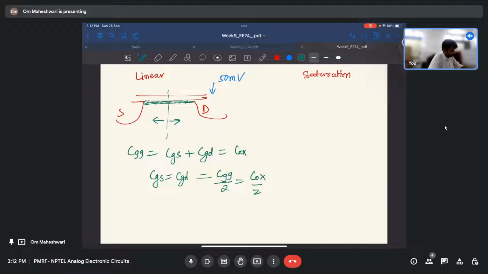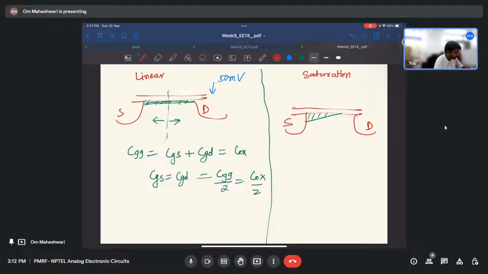Okay. Now in saturation, the channel pinches off, right? Between gate and source, there is the channel, but there is no channel between gate and drain. So there is only the overlap.